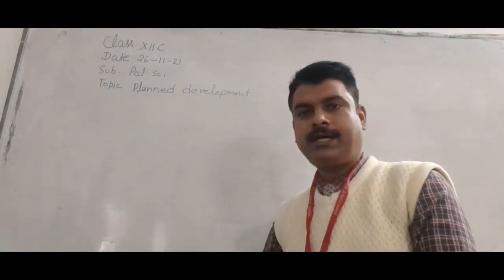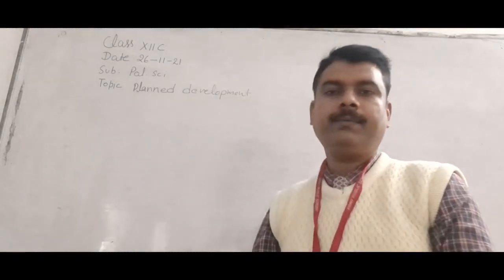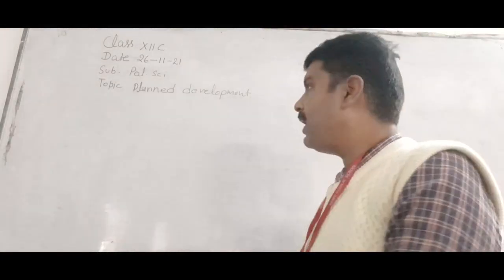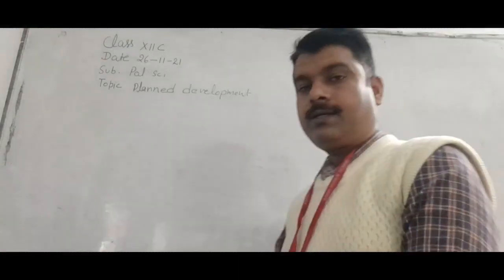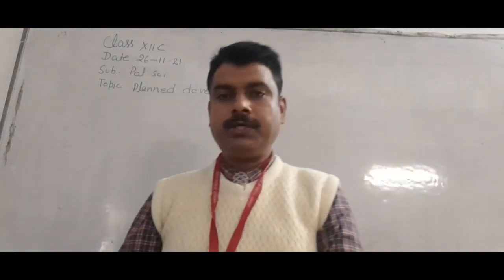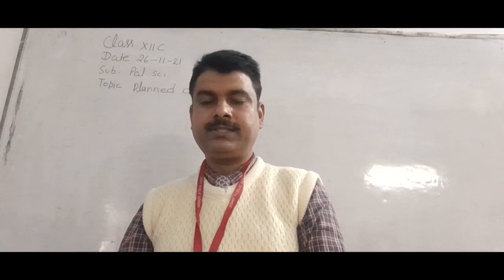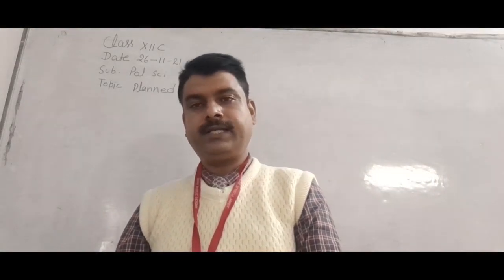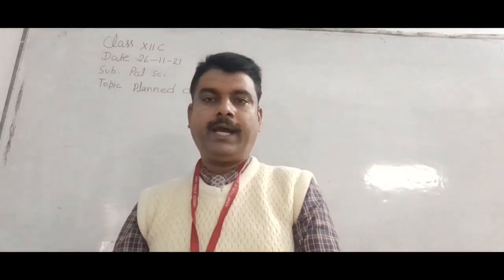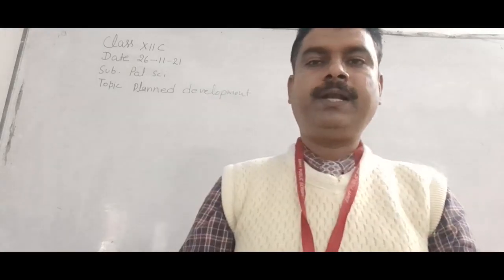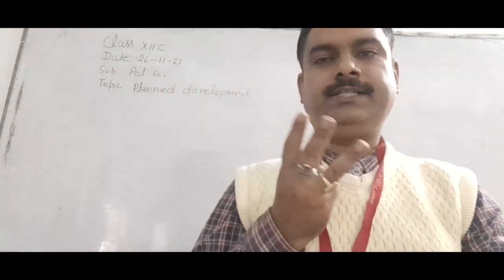Class, I want to explain a chapter in class 12 and the name of this chapter is Plant Development. Class, India got independence on 15 August 1947 and after independence India faced many challenges, and you already studied that there were three major challenges.